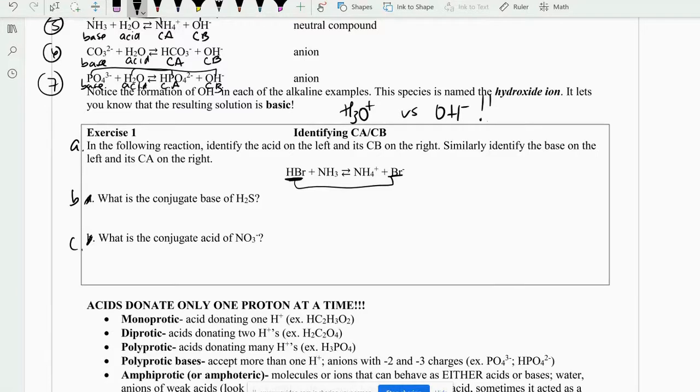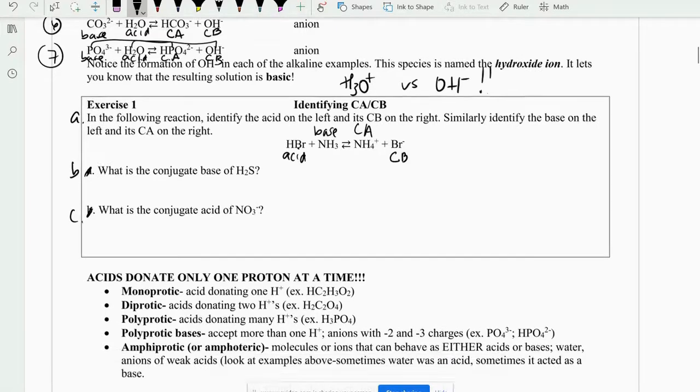Consequently, if you look at ammonia, it looks like it is going to take on that hydrogen. And so you could say that HBr is your acid, and the bromide ion would be your conjugate base. The NH3 is your base, where NH4+ becomes your conjugate acid.